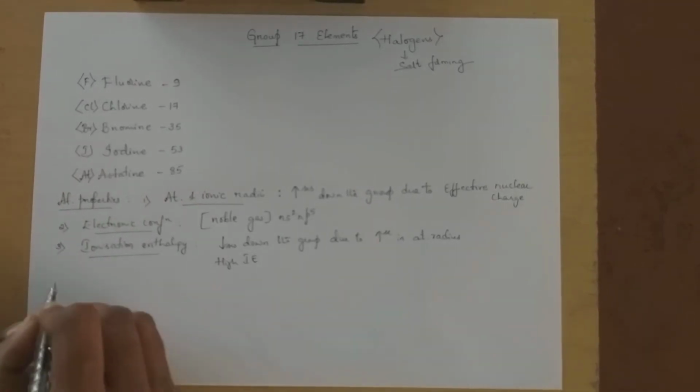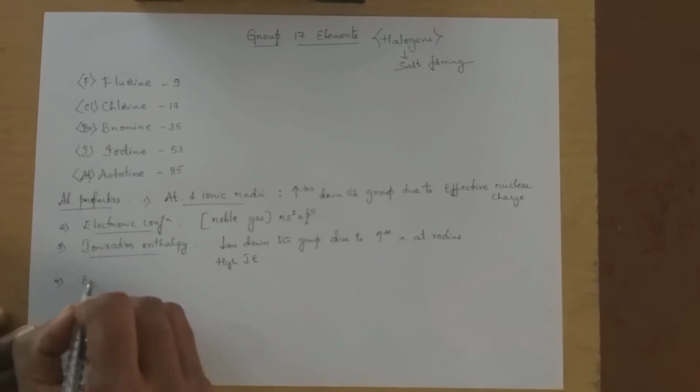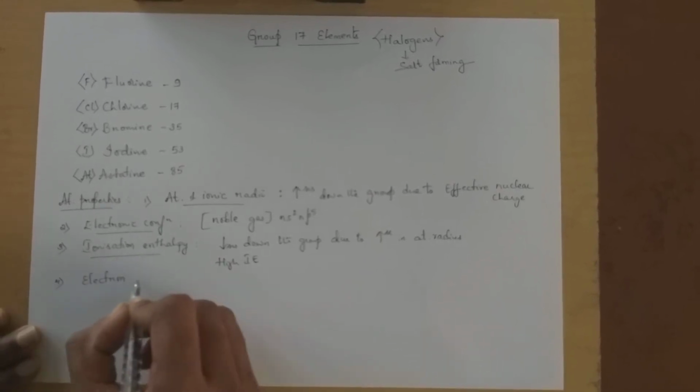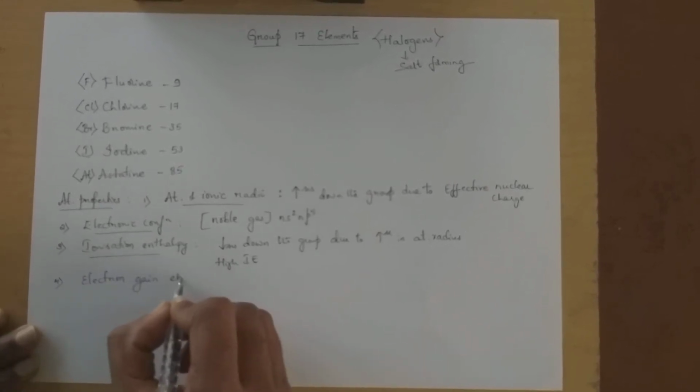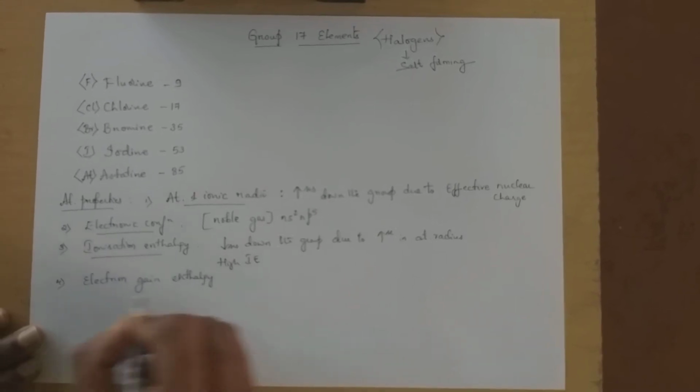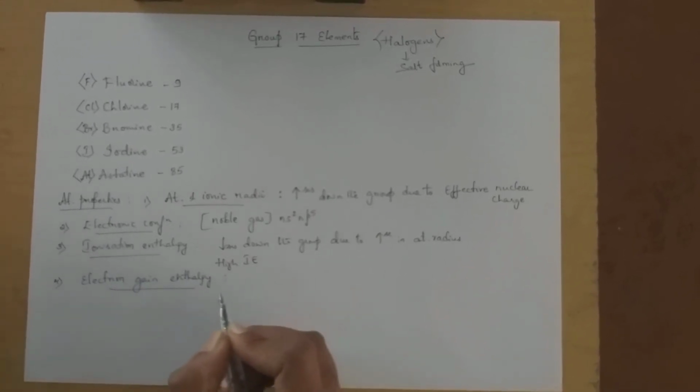Then coming to electron gain enthalpy. So electron gain enthalpy decreases down the group due to increase in the atomic size and decrease in the electronegativity. Okay na?